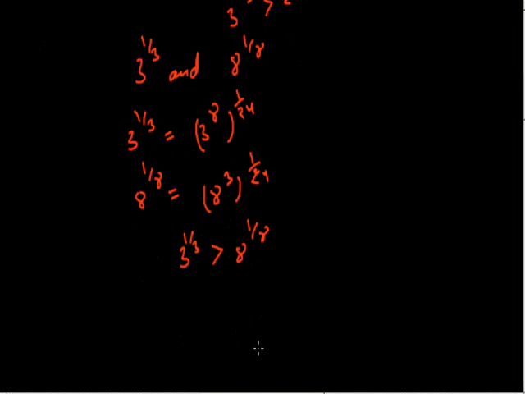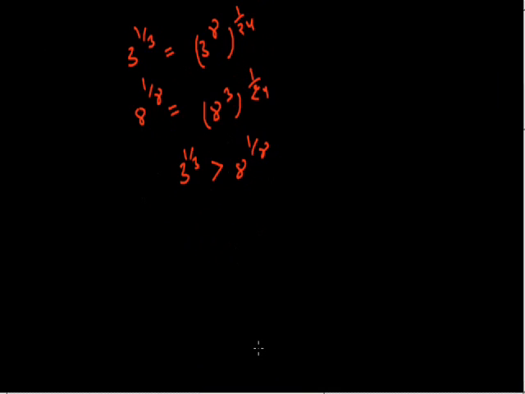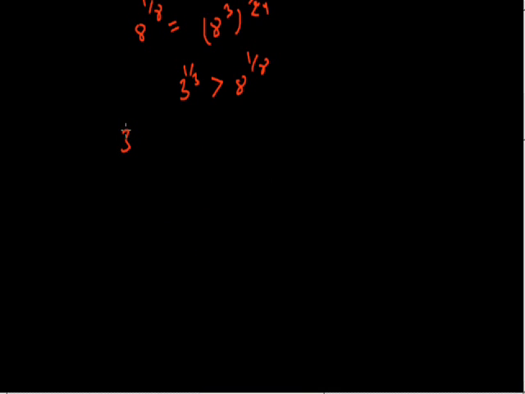Now we compare 3^(1/3) and 9^(1/9). Again we make the denominators the same by taking the LCM of 3 and 9, which is 9.